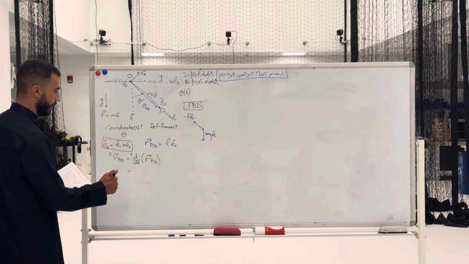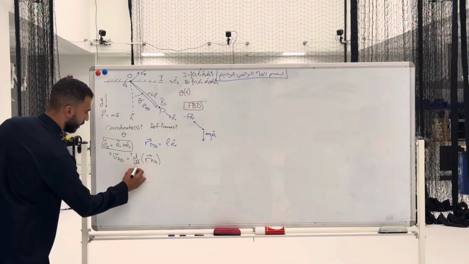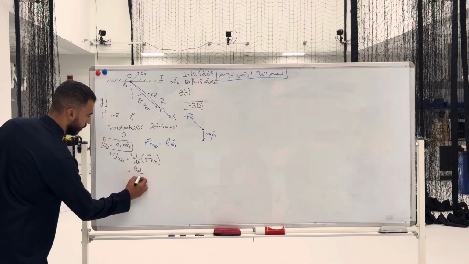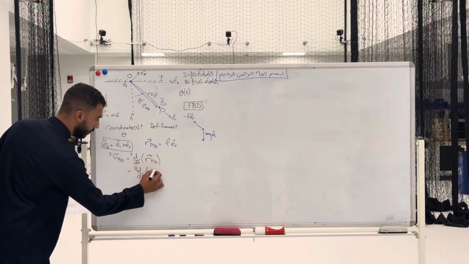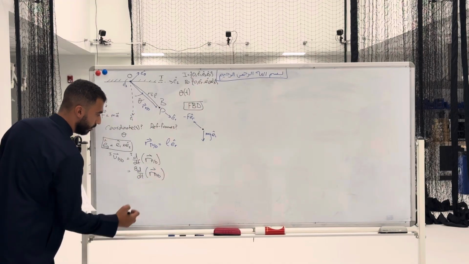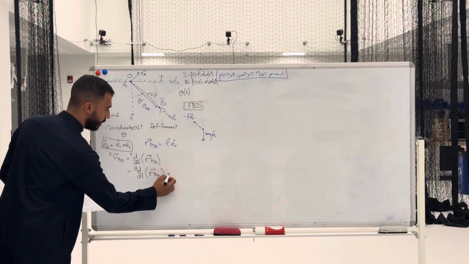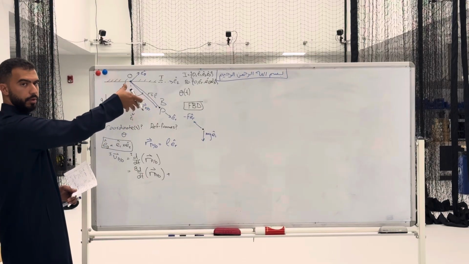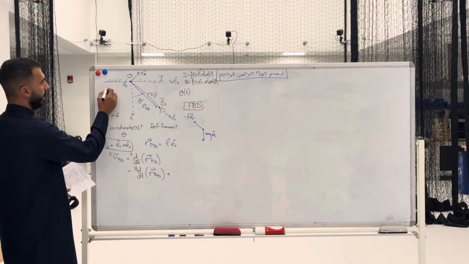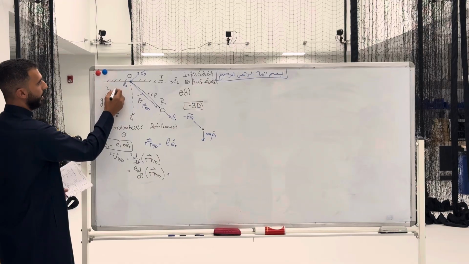The Transport Theorem says we take the body derivative of the vector, plus, because this thing is rotating with reference to the inertial reference frame, so it has an omega.